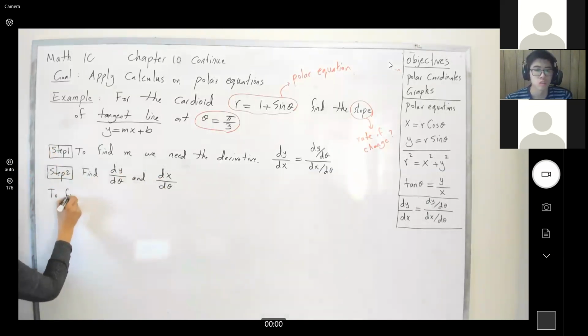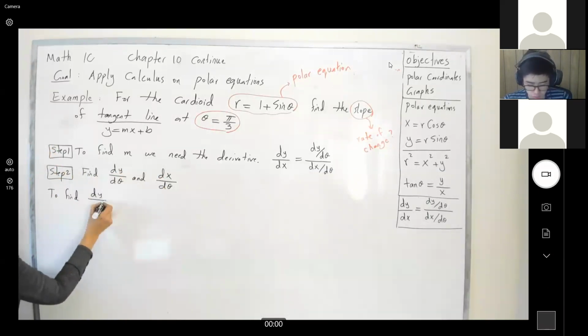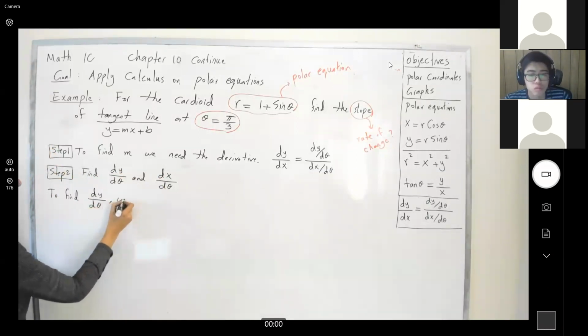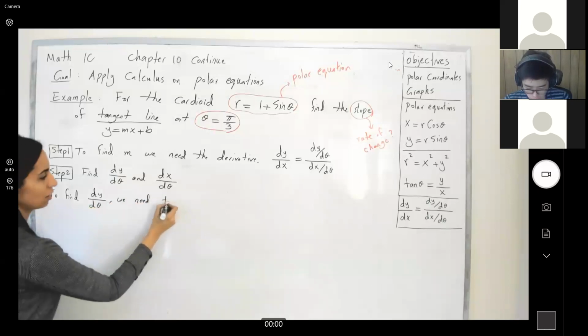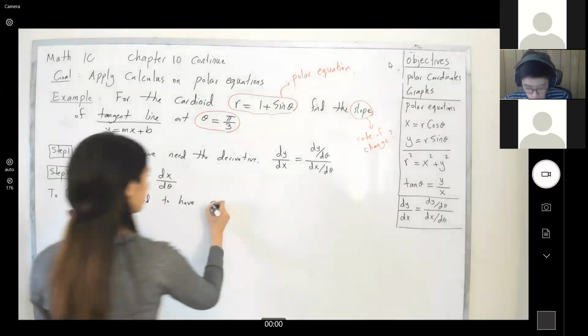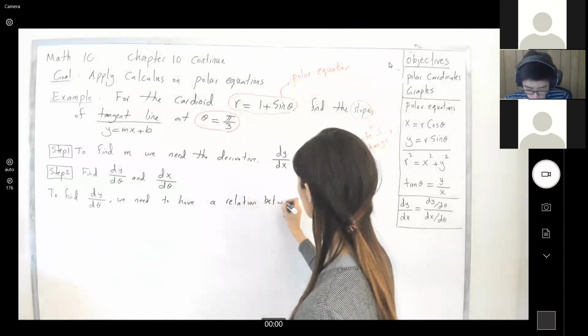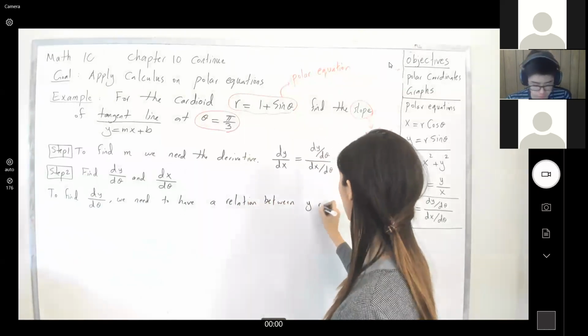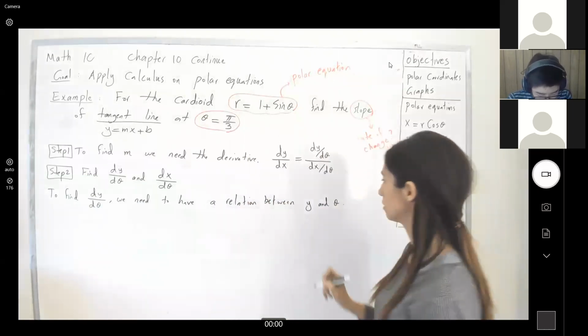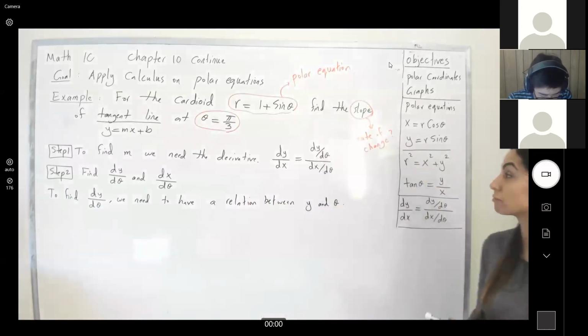So to find, for example, dy over d theta, we need to have a relation between y and theta. What is that relation?